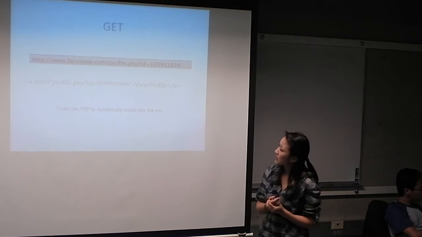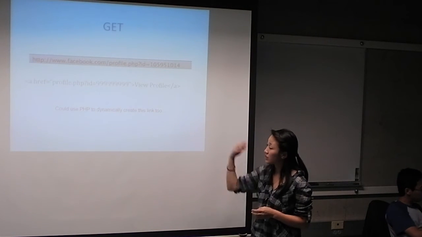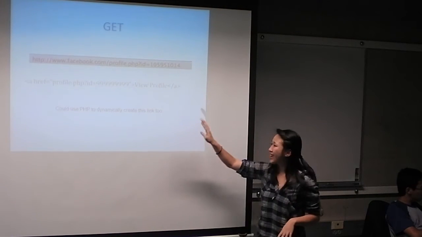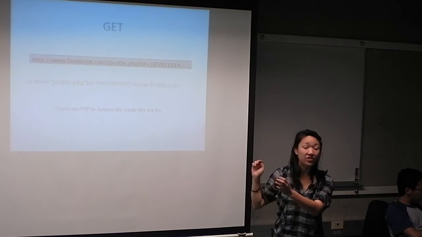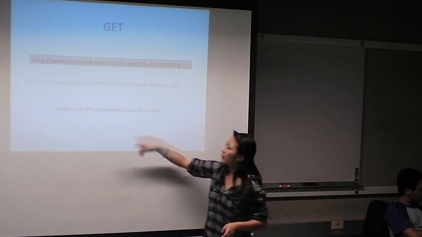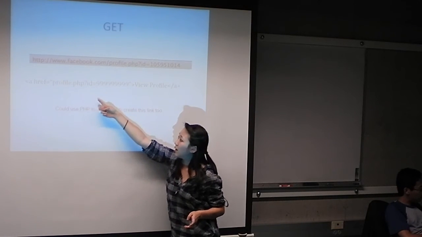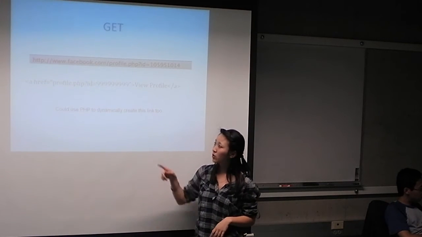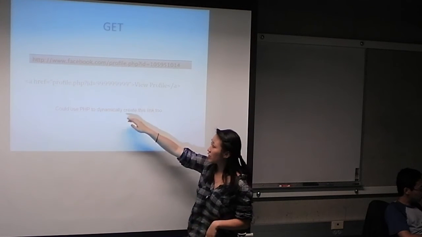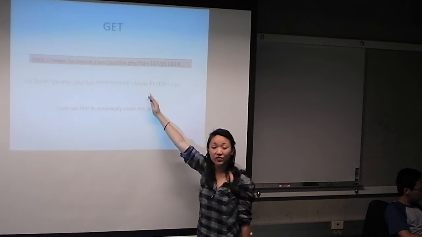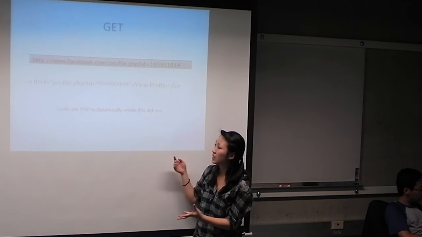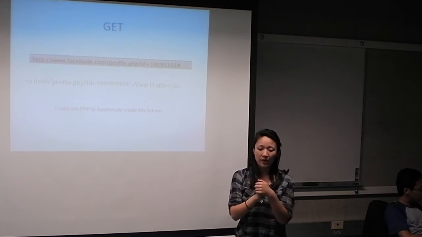We already talked about this, but I just want to reiterate that GET means having the information actually in the URL. If you had a link, for example, you give it the PHP file information like this: href equals profile.php, and then you give it some information about what ID you want to visit. You can also use PHP to dynamically create this link, but we'll talk about that in other lectures.